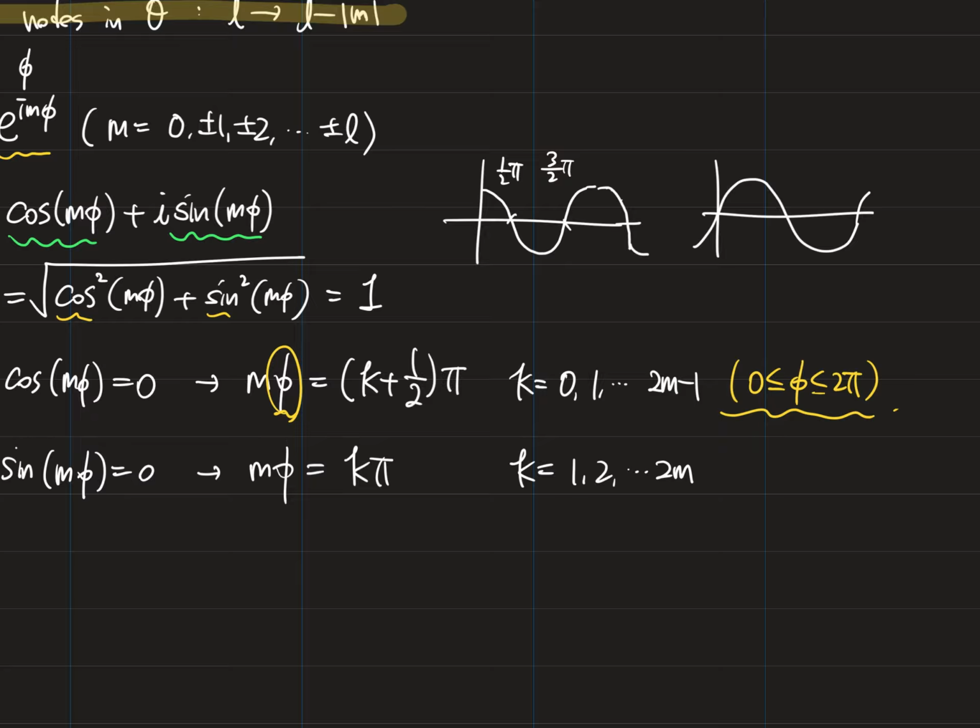So up to here you might think that, oh, there are 2m nodes along the P motion, right? We are going to remove the 0. Only the positive integers from 1 to 2m would be valid.